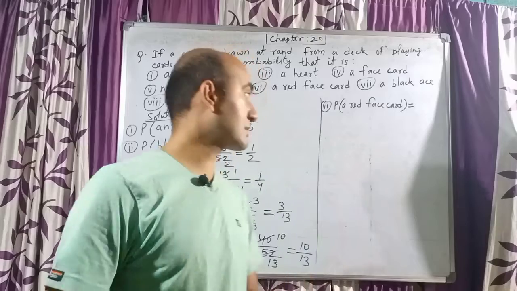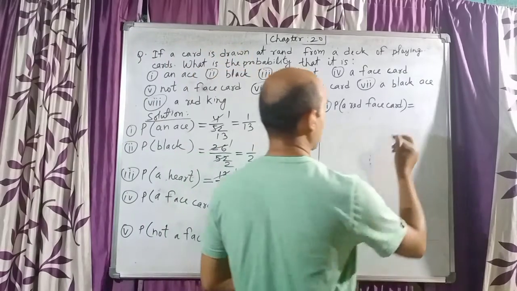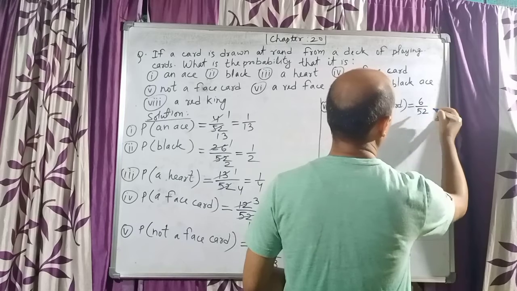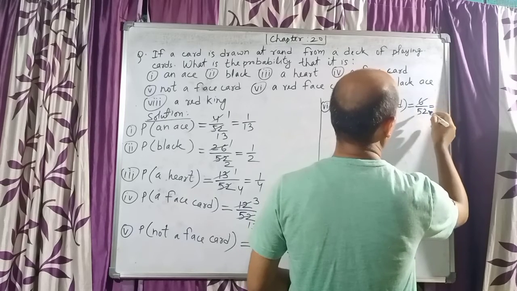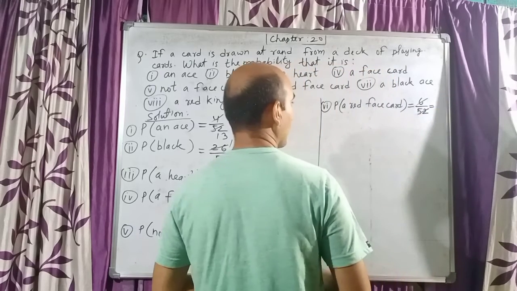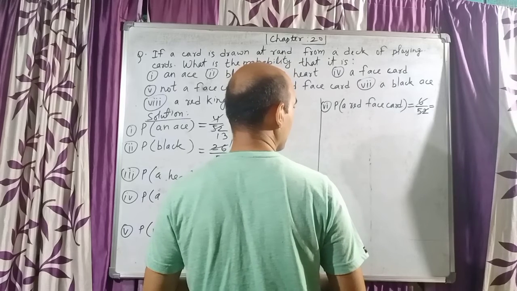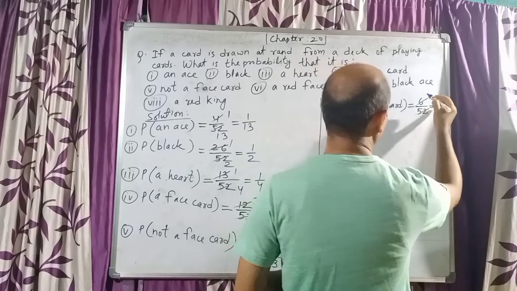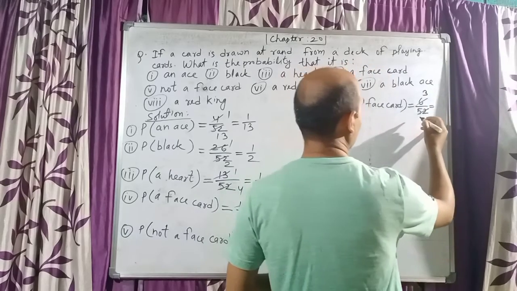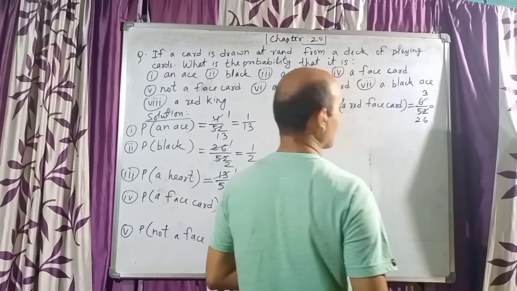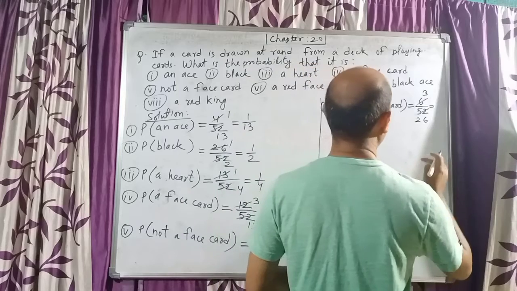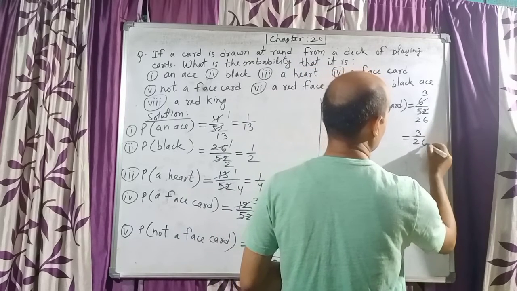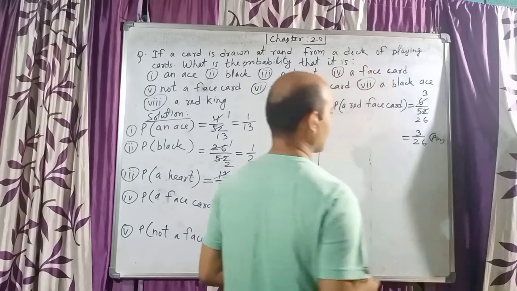So 3 plus 3 is 6 red face cards. So 6 out of 52. If you further cancel with 2, 2 3s are 6 and 2 2s are 4, 2 6s are 12. So our final answer is 3 by 26.